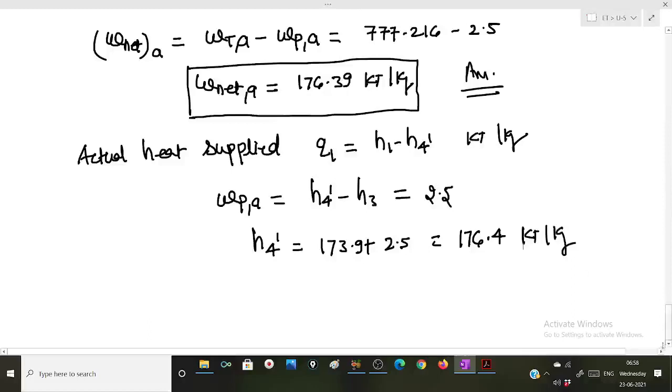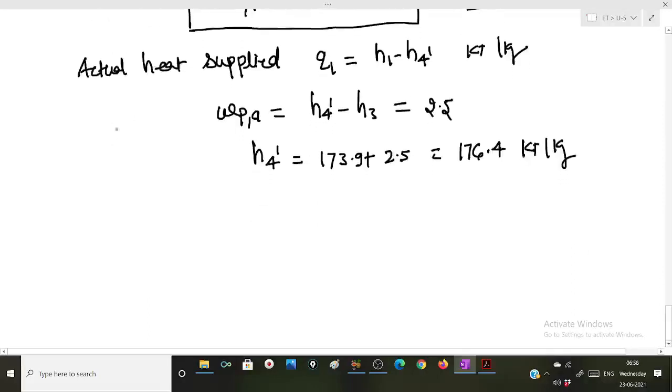After getting the value of H4 dash, now I can calculate actual heat supplied. It is nothing but H1 minus H4 dash. H1 is 3159.12 minus H4 dash value is 176.4.